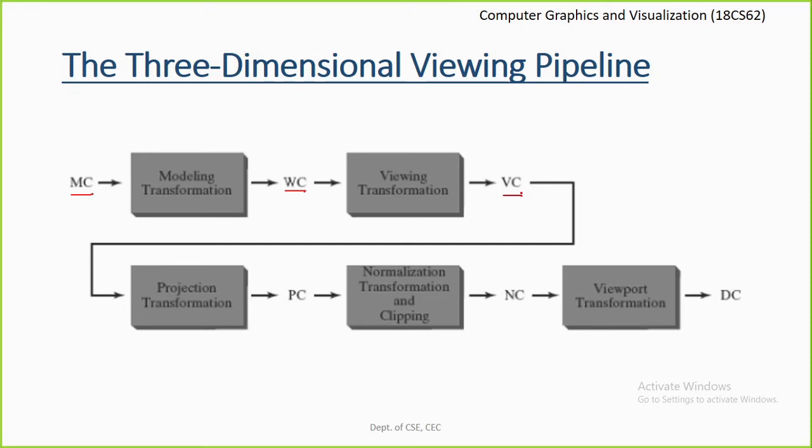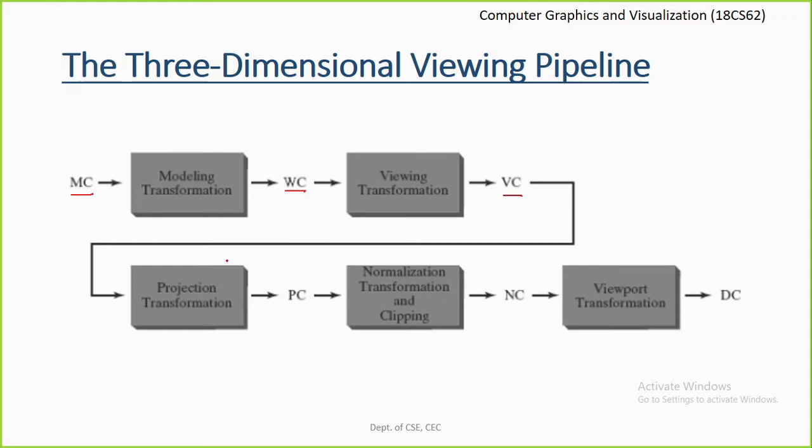Using these viewing coordinates, the objects will be projected onto the view plane, the view plane concept we discussed earlier. Now the viewing coordinates need to be placed within a three-dimensional viewing volume, or three-dimensional projection region, which we call the view volume.